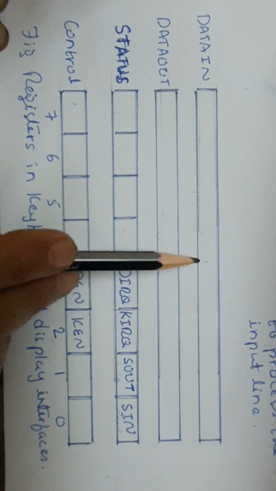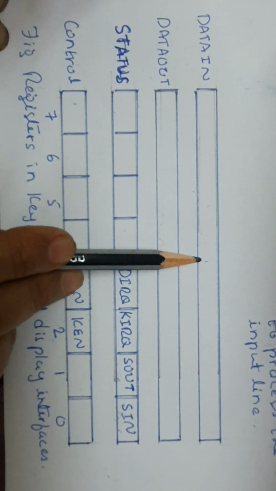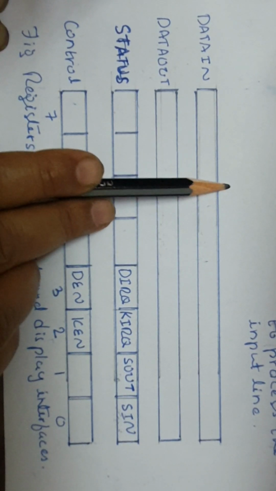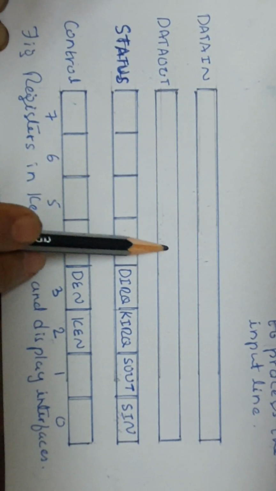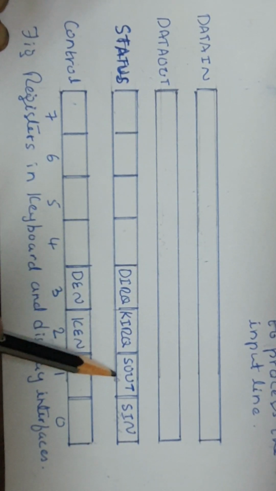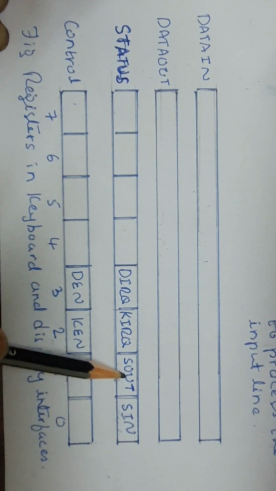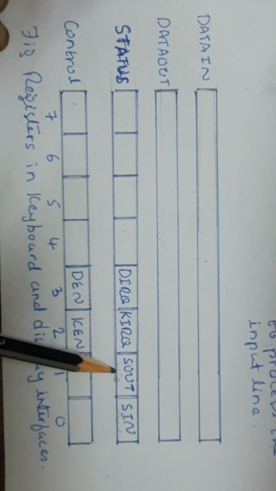Then that character read from here will be taken into the R0 register of the processor. From the R0 register it will be sent here when the display device is ready. That is known to the processor by status information of the output device, the SOUT bit, bit 1 of the status register. If this is 0, display device is not ready, that is, output device is not ready.